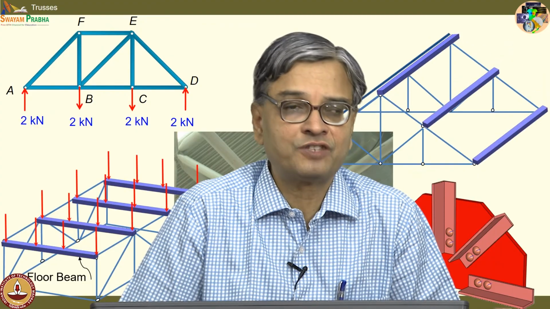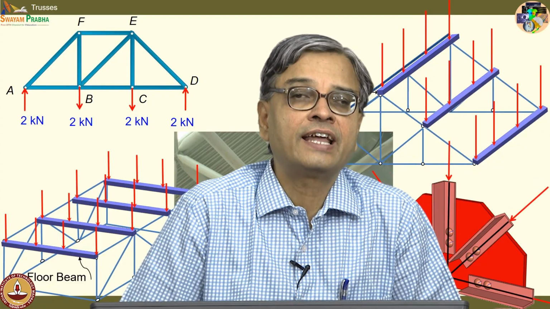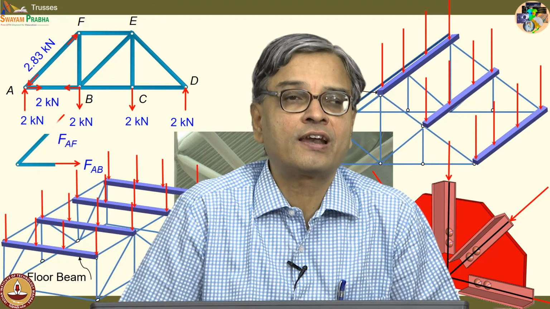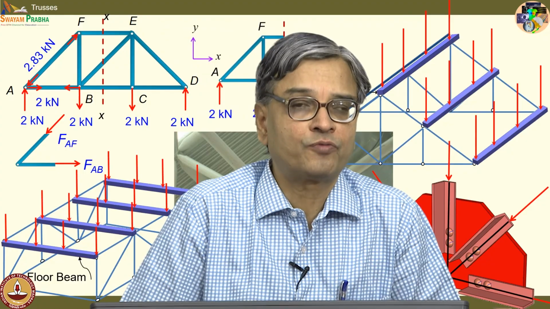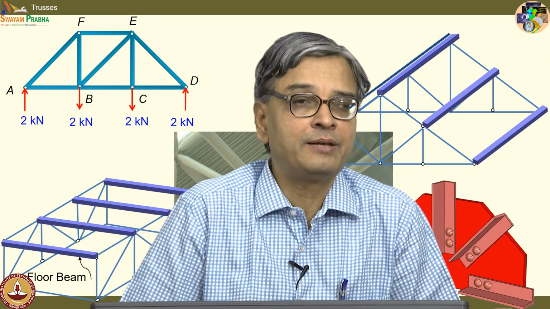We have seen enough justifications for it, and I also emphasized that they have to be supported properly. Thermal expansion and contraction is not a trivial issue. You need to take that into account. And when you have a bridge truss, wind forces are very, very important.